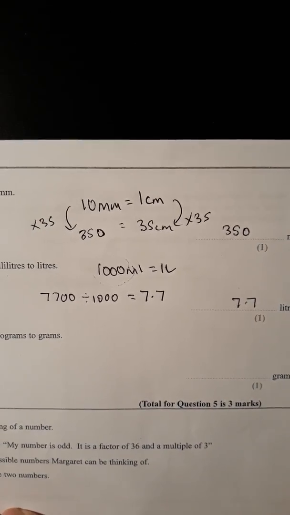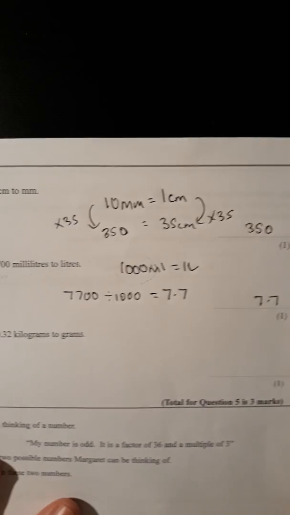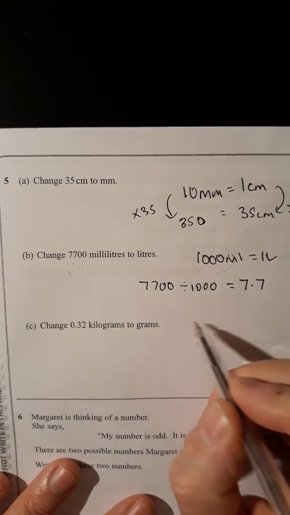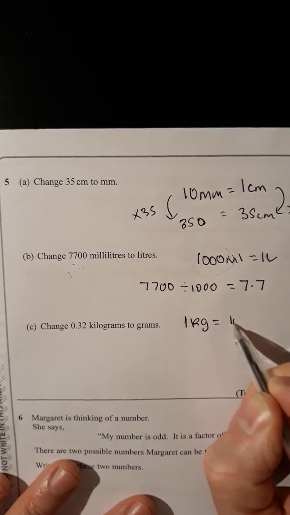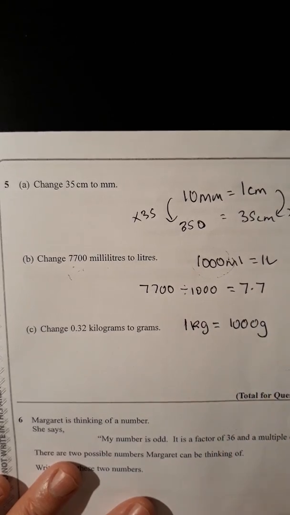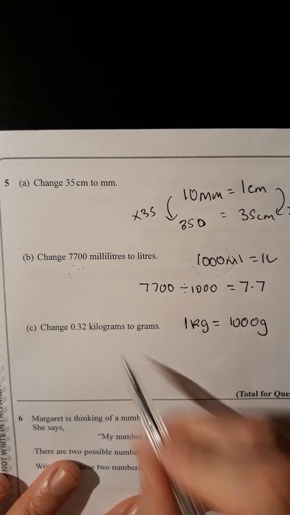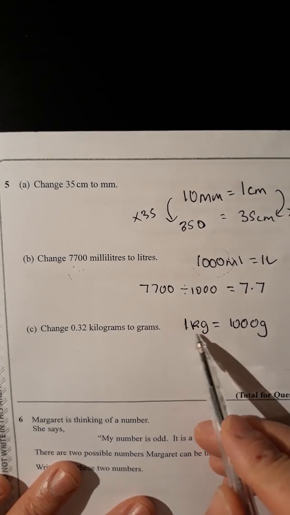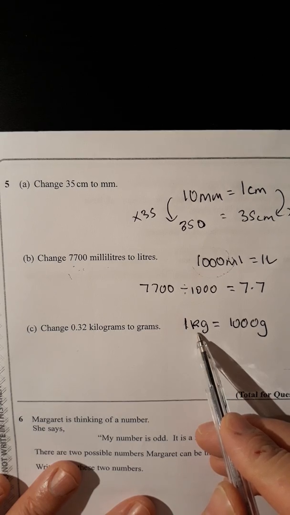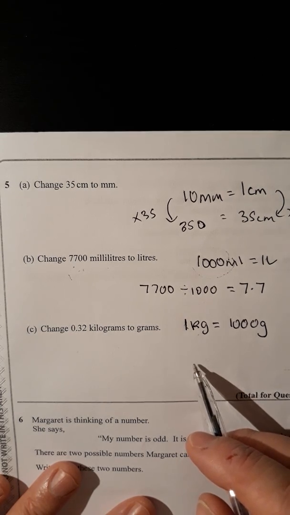Change 0.32 kilograms to grams. Again, we need to know our conversions. 1 kilogram is equal to 1,000 grams. We want 0.32 kilograms, so it's going to be less than 1 kilogram. So what are we actually doing here?